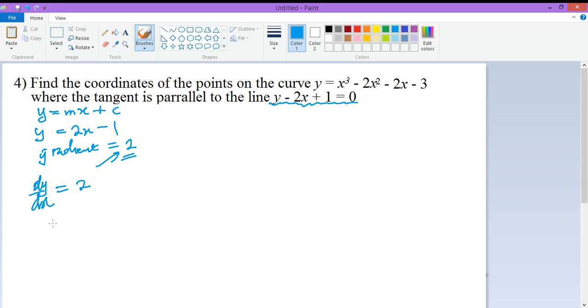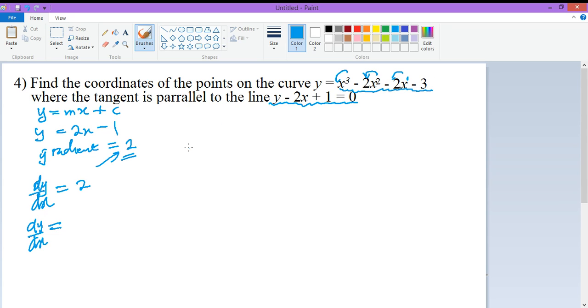Good. And what is our dy over dx? Let's go and obtain the equation dy over dx. We are going to differentiate this function the same way we've been doing. We are going to multiply the powers of x by their coefficient and reduce the powers by 1. So this 3 will multiply the 1 here, reduce the power by 1. This 2 will multiply the 2 here, reduce the power by 1. This has power 1 to multiply the 2, and the x will drop.